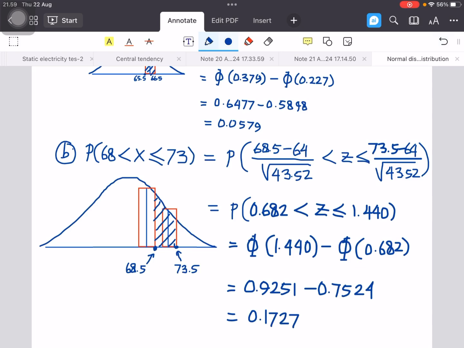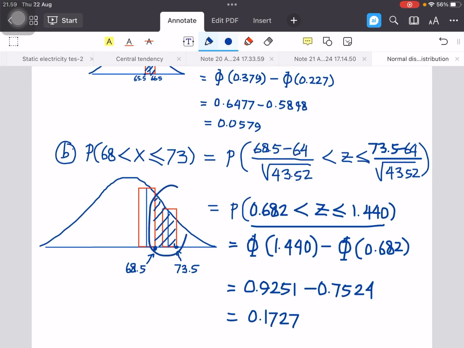So the range values of X after being corrected is from 68.5 up to 73.5. These two values are to be used to find the value of z as it is written here. So the range values of z is from 0.682 up to 1.442.